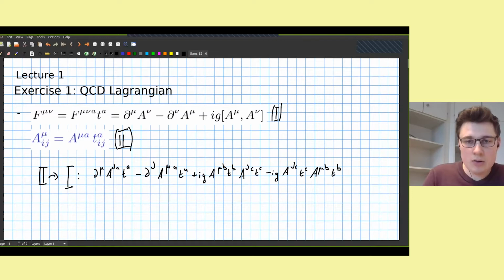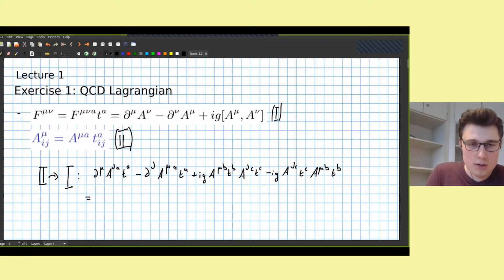So having a look at these two terms here, we see that the field components A mu B and A nu C are simple numbers under SU3, so they are not matrices anymore. The whole matrix content is given in terms of the Gell-Mann matrices. So we can factor out both of these fields, and what is left is the commutator of these two Gell-Mann matrices.